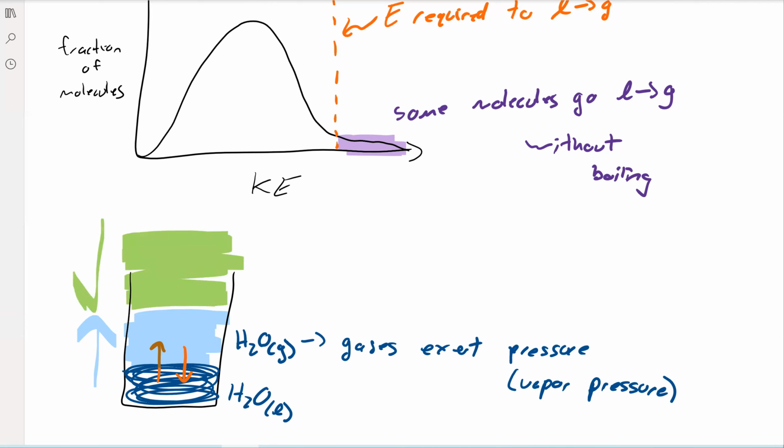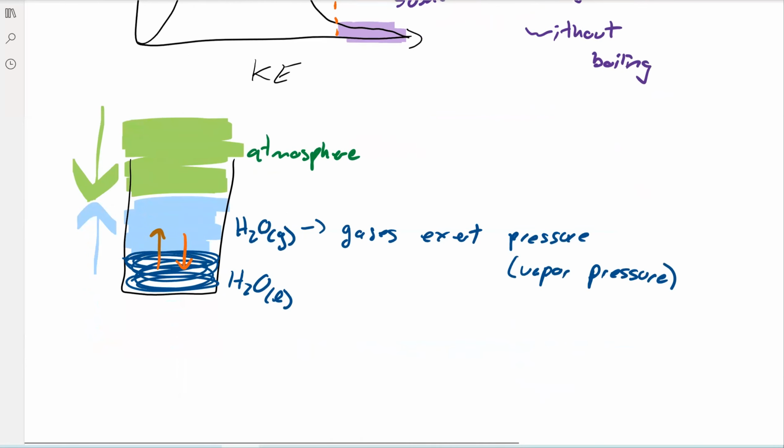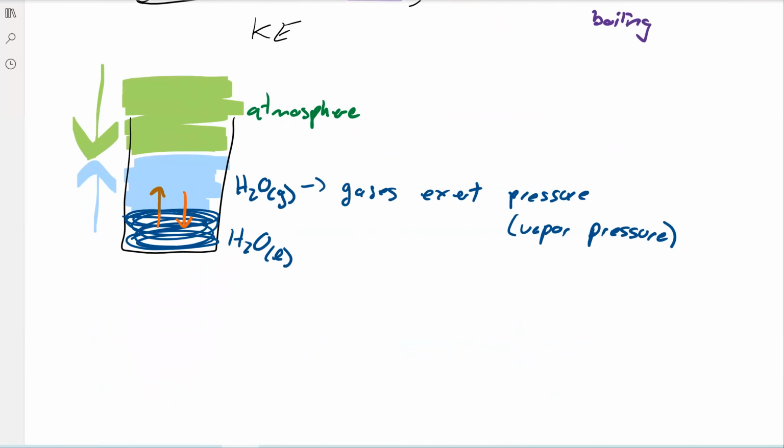So we've got an atmosphere that's pushing down on it. We can think of these two forces as fighting one another. The vapor pressure of the water is pushing up, the atmosphere is pushing down, and so we have a battle here. Most of the time, the atmosphere is going to win. We're not going to see anything really going on there.